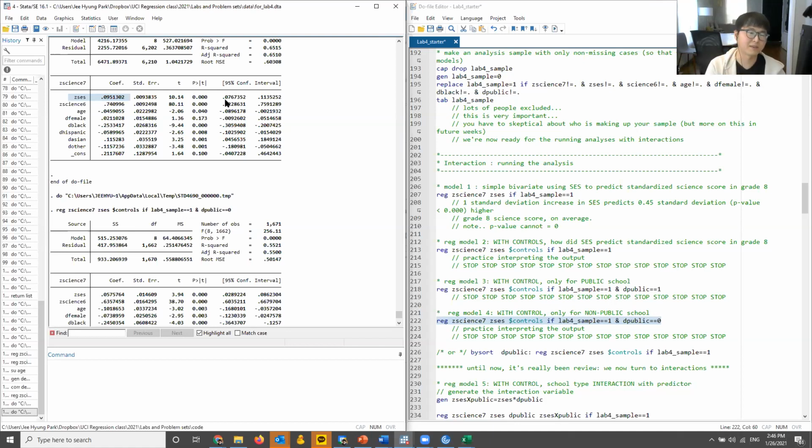Just by virtue of selection, higher SES students select into private school, and so they're already at a very high SES level. And at a very high SES level, there's a weak relationship between SES differences and outcome. Whereas at a lower SES level, which is public, there's a larger relationship. And so it could be reflecting sorting. Yeah, that would be exactly right.